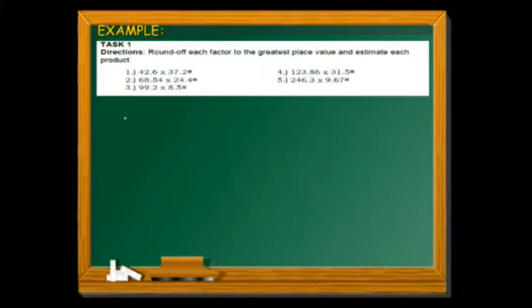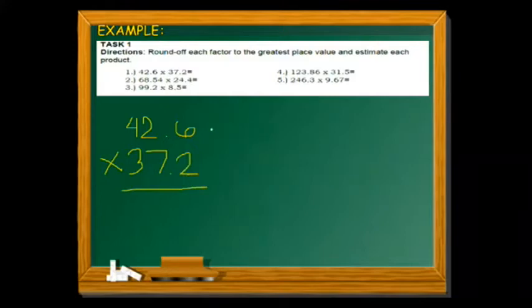So number 1, we have 42.6 times 37.2. Ayan. So we will just estimate, round off the product.